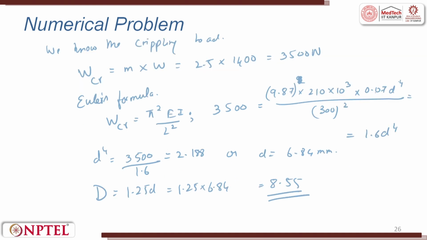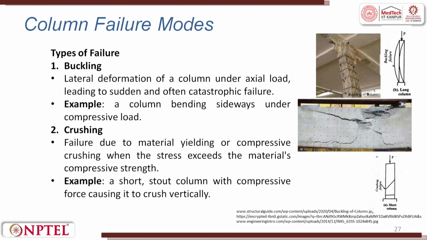So, we have solved this problem, and I am sure this is straightforward substitution of the formulae to get the answer. Moving forward, let us now see some of the column failures we have already discussed in length. So, types of failure: it can be buckling failure, it can be a crushing failure.